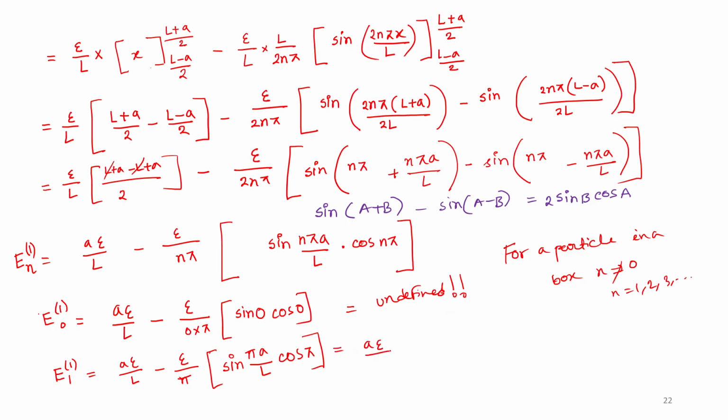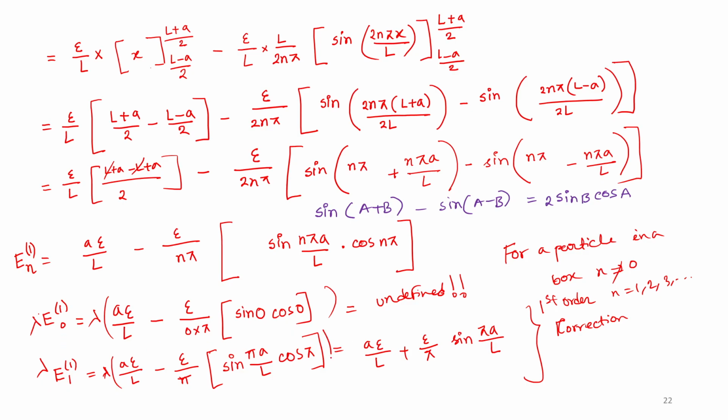So a epsilon by L minus epsilon by pi, it is plus sine pi a by L. Okay, so this is actually E correction, first order. Obviously, there should be lambda, right? But they actually want to know what is E11 or E10, right? Correction to energy.